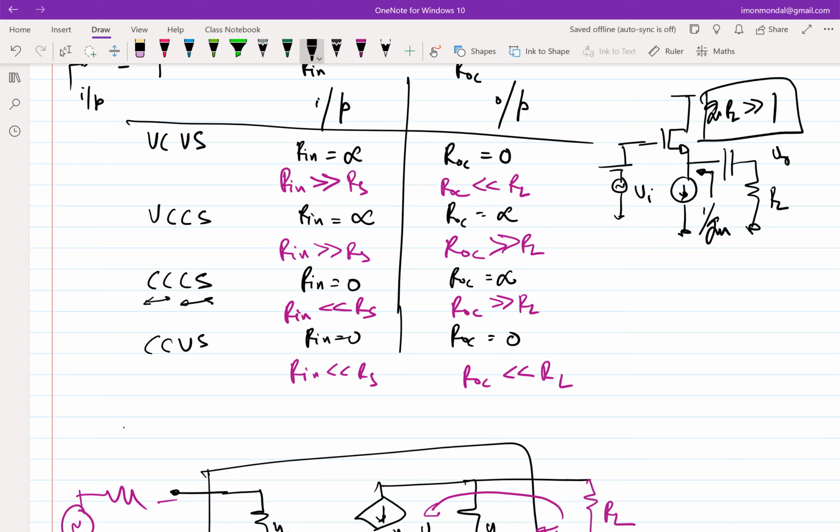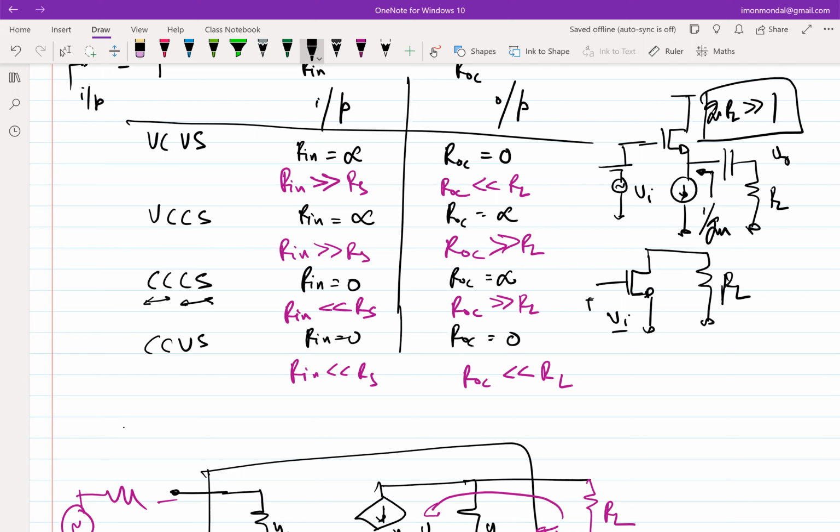A transistor on its own: if I just take a transistor and assume it is biased in saturation and I have applied an incremental VI, not sketching the biasing network, and this is connected like this. What type of source is this? The input side is voltage controlled because input impedance is infinity.